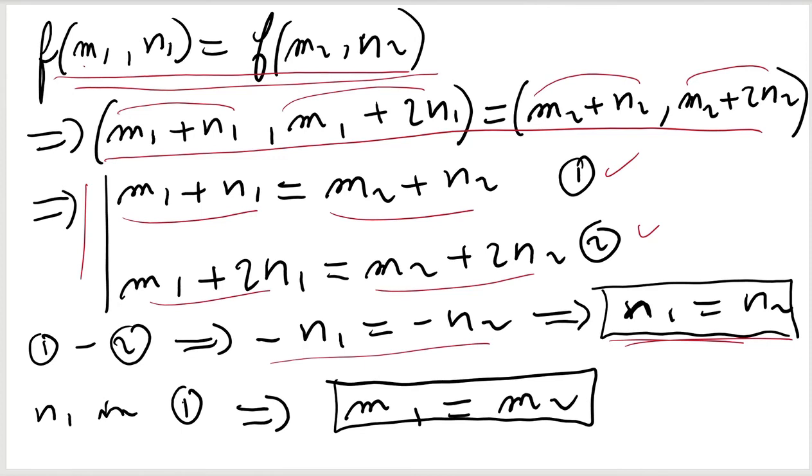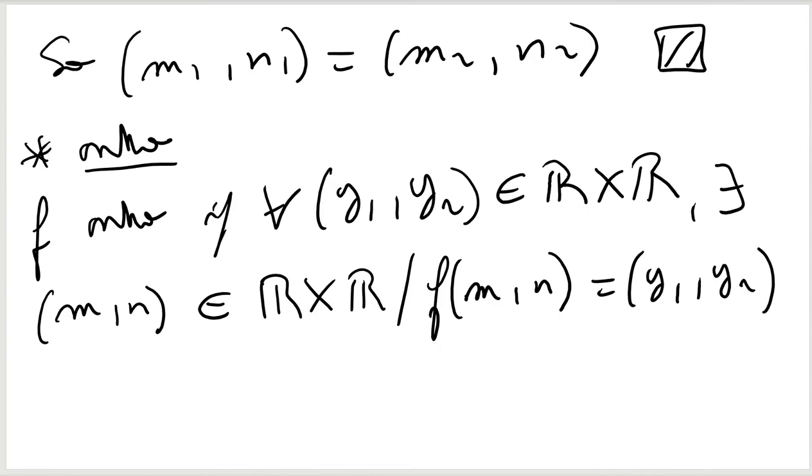So n1 equal to n2. Then if I replace in 1 this n1 by the value which is n2, I'm going to have n2 and n2 here, so I can cancel. Then the remaining part will be m1 and m2. So you get this.